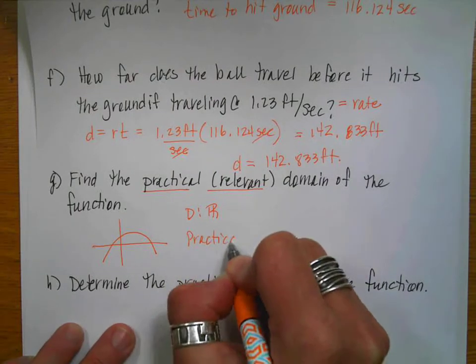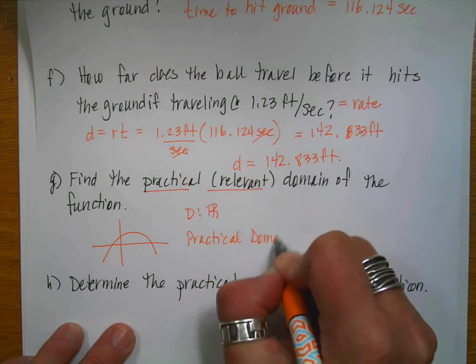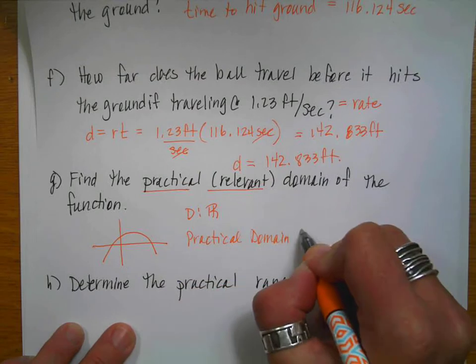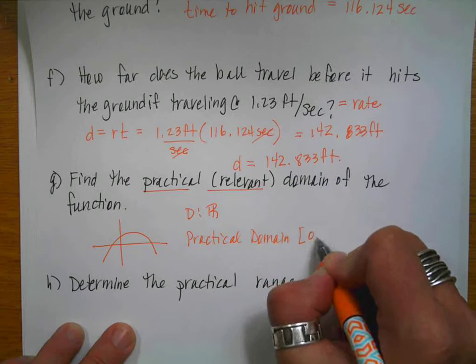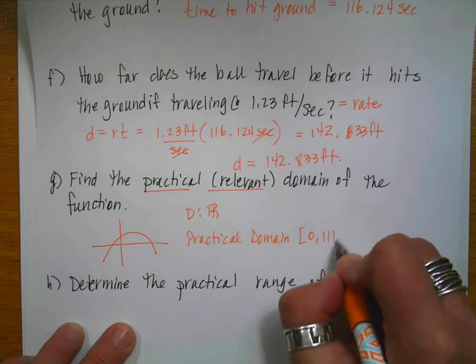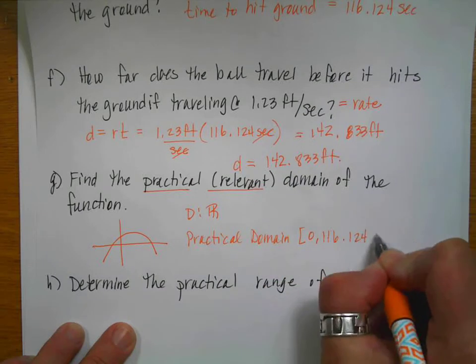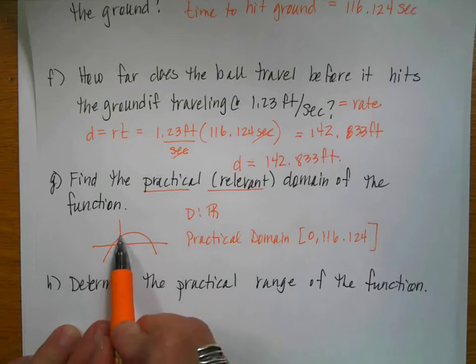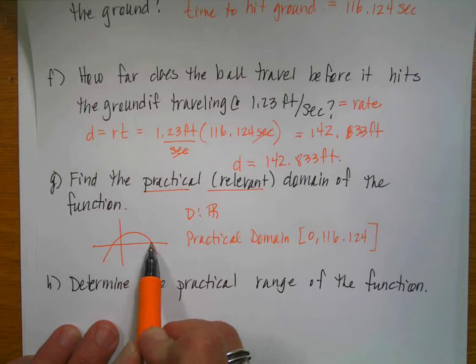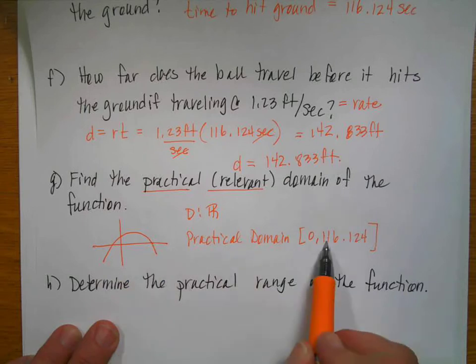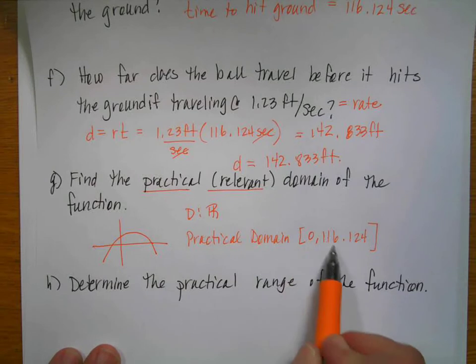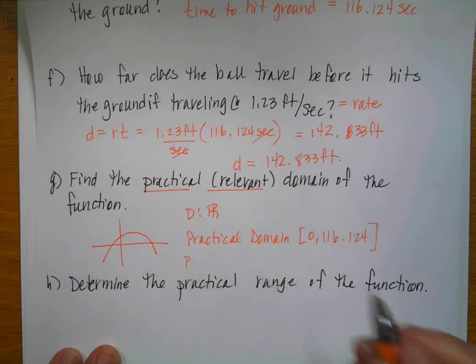So the practical domain, or you can call it the relevant domain, is going to be from 0 to 116.124 seconds, because I only want to know what happens when time is equal to 0 and then when the ball hits the ground. So the relevant domain would be from time is equal to 0 to time is equal to 116.